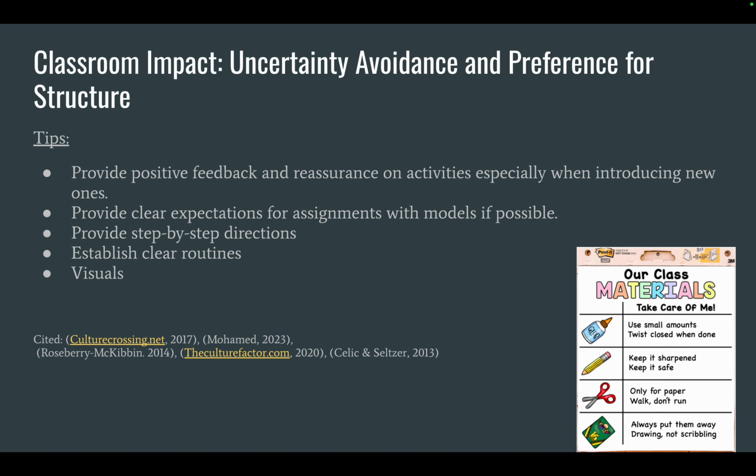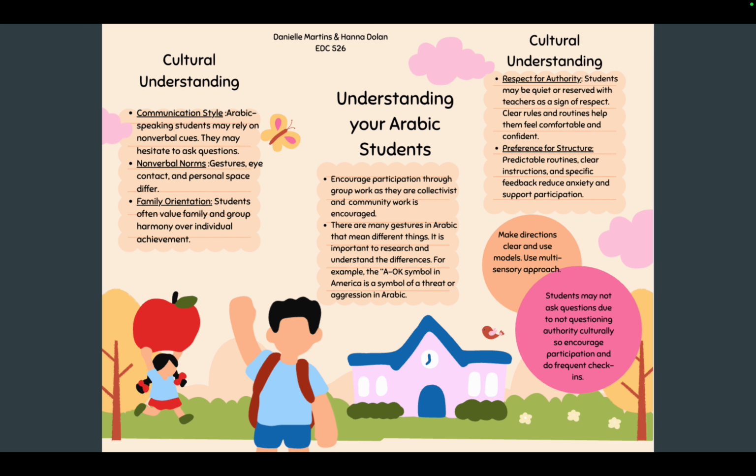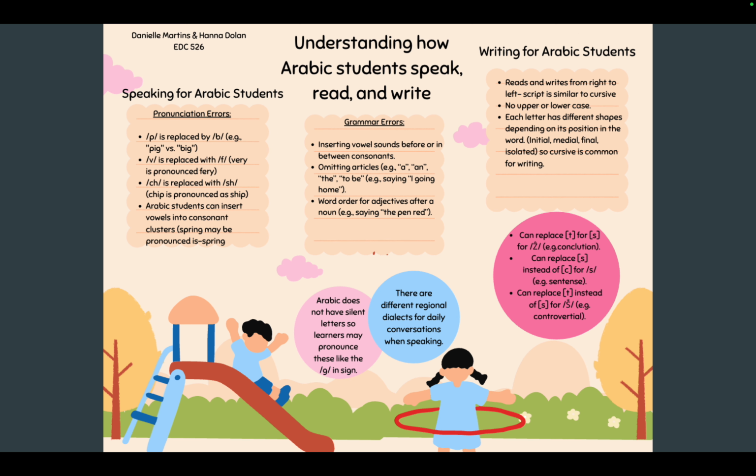Overall, when making the comparison between Arabic and English, we use our next two slides to support teachers and students. Our handout that we developed for teachers highlights the main points culturally and linguistically for understanding our Arabic students. This handout also provides examples of common errors in pronunciation and challenges students may face when writing and reading in English.